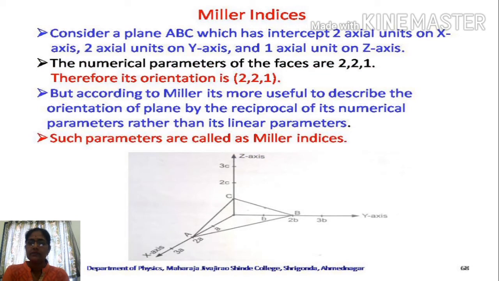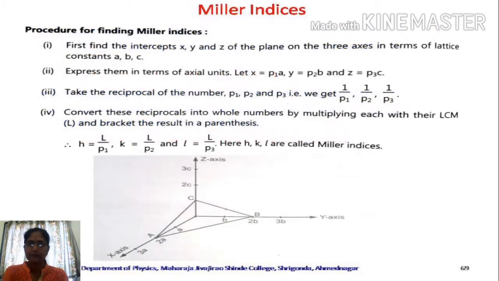Then one such plane is shown in figure. There is one plane and three axes x, y, z. This plane intersects the x-axis at 2a, y-axis at 2b, and z-axis at c. Now, how to find the Miller index of a given plane?